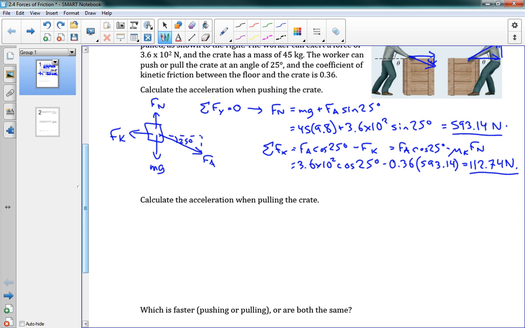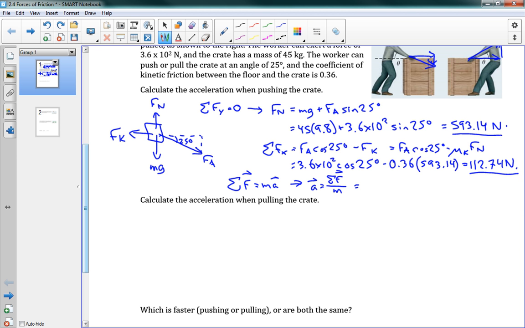But there we go, we have our net X force, and now I can say the net force is equal to ma. So A is equal to net force over m. Our net force is just the X force because y is all cancelled out.